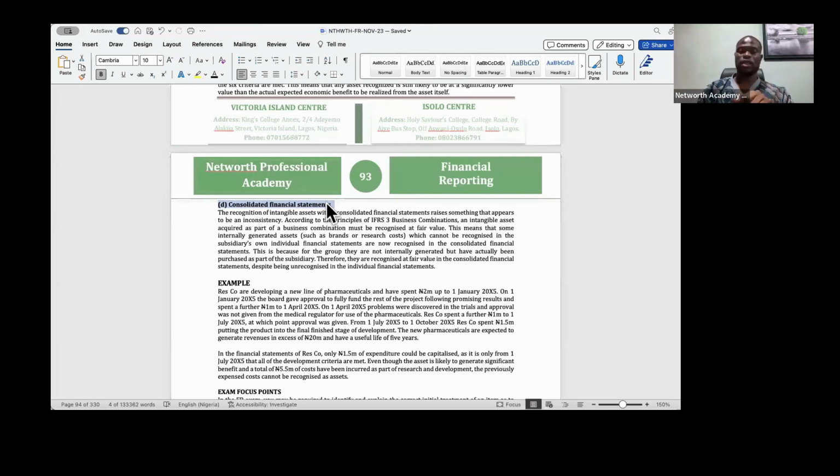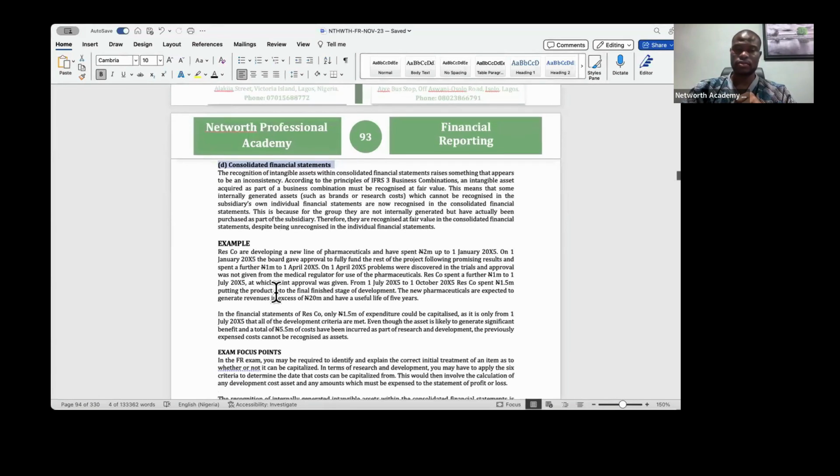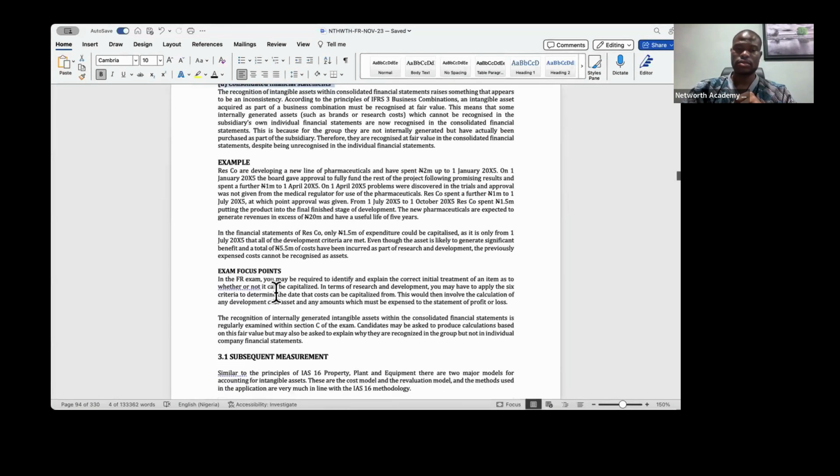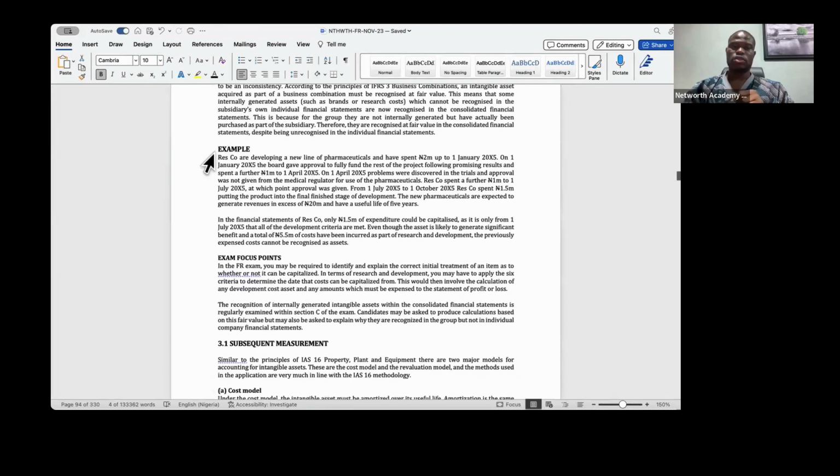Okay. So let's look at this example. This looks at a company called Resco. They said they are developing a new line of pharmaceuticals, and they have spent 2 million up to 1st January 2005.